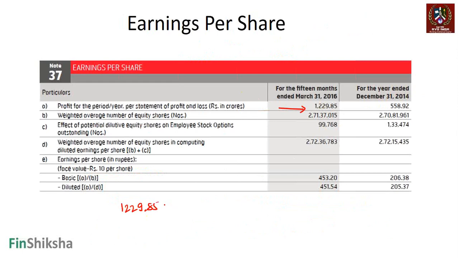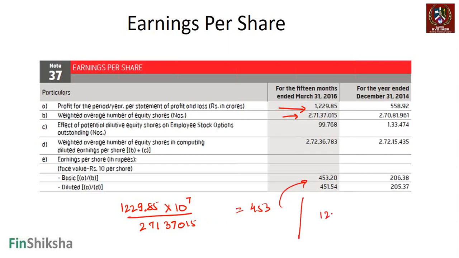So if you want to convert it into rupees, you will have to multiply it with 10 to the power 7. Weighted average number of equity shares is 2 crore 71 lakh, right? So 2 crore 71 lakh 37,015. You find this, then essentially you're going to get the basic EPS as 453. That's the number we are getting here.